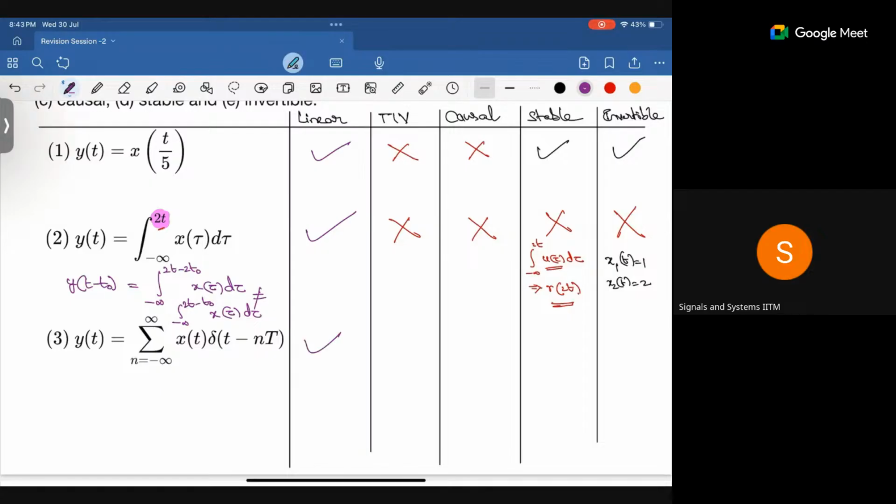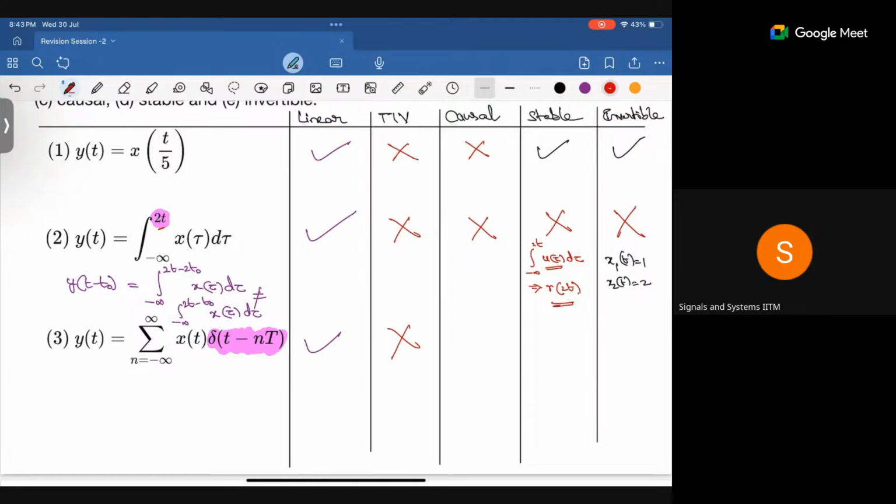Is it time invariant? Whenever you see added expressions apart from x of t, you can blindly close your eyes and say it is time variant. So this is not time invariant, because we have this delta of t minus nT.